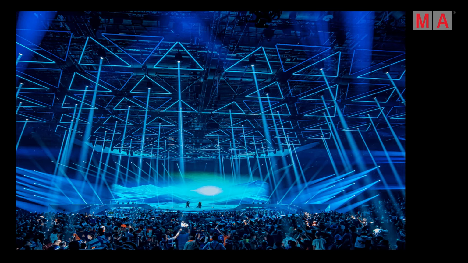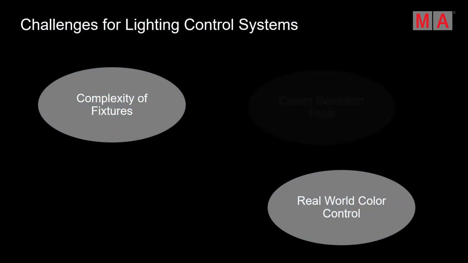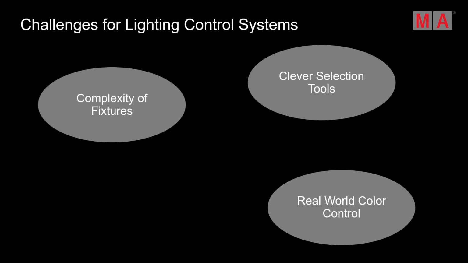But of course we want to use these asymmetrical rigs to program some synchronous things or some synchronous movements, some synchronous dimmer effects. And of course then we have to find solutions for an easy fixture selection in these asymmetrical situations. So the next challenge is clever selection tools.